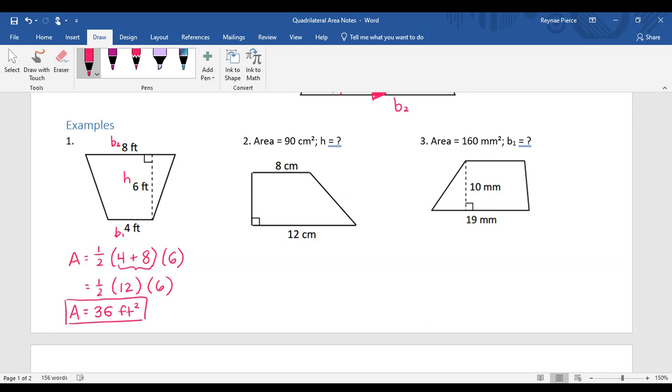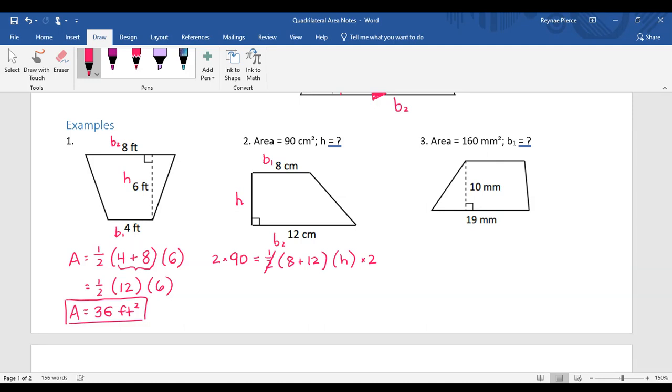Okay, this next one, I'm looking for my height. I don't know what that is, but I have both of my bases. My area is 90. I know both of my bases. Those were given to me, but I don't know my height. Similar to the kites, one practice that I get into is I multiply both sides by 2 first.